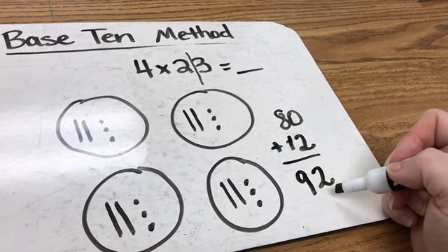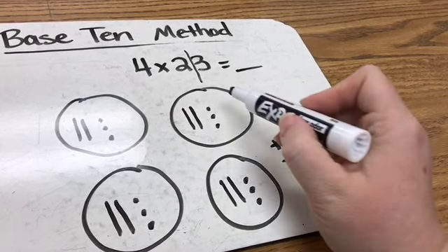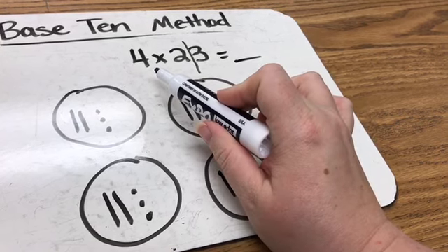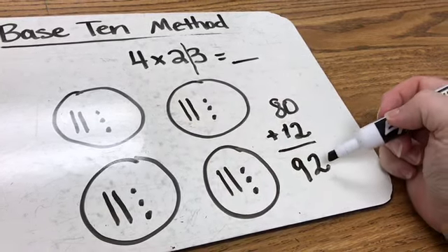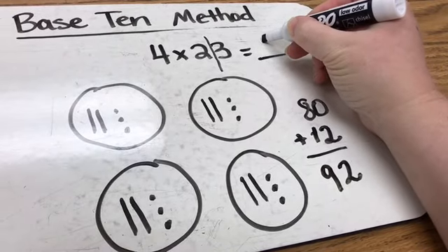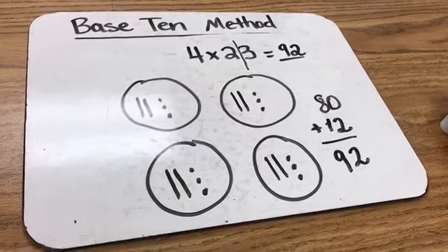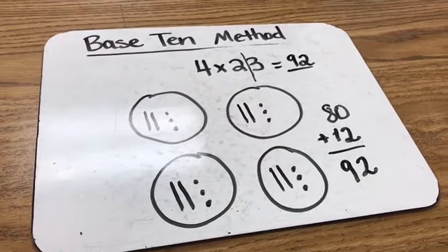So if I'm wondering how many students, if there are 23 students in each class and there's 4 classes, how many students do we have in all? It would be 92 is my product. And so I've just used the base 10 method to solve.